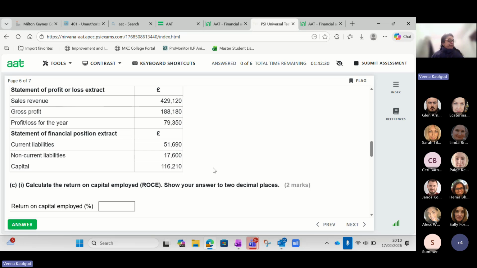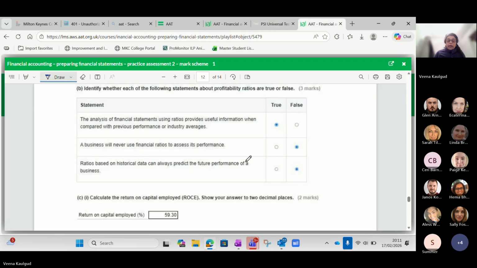Just give me 1 second. It's going to be 59.30.